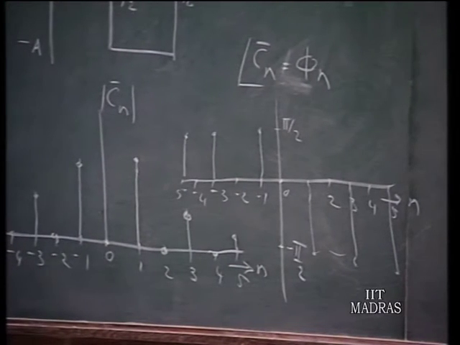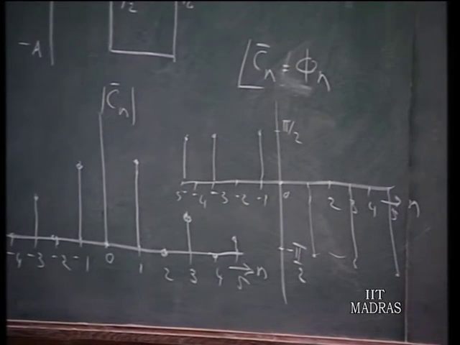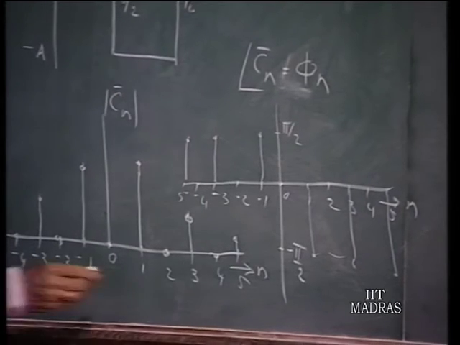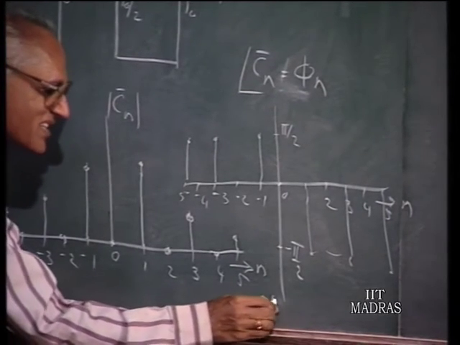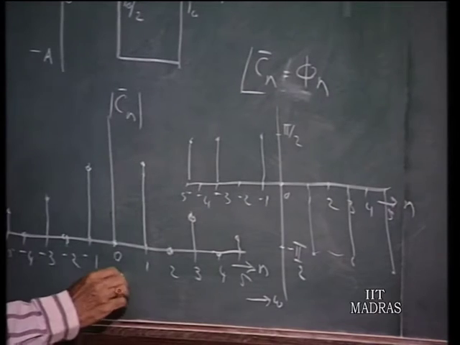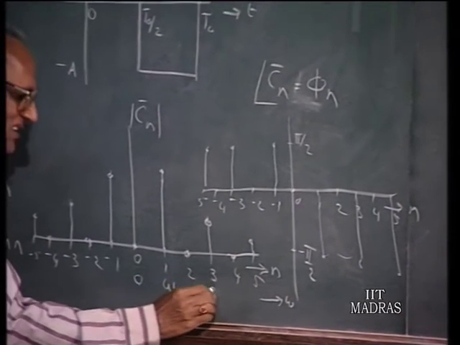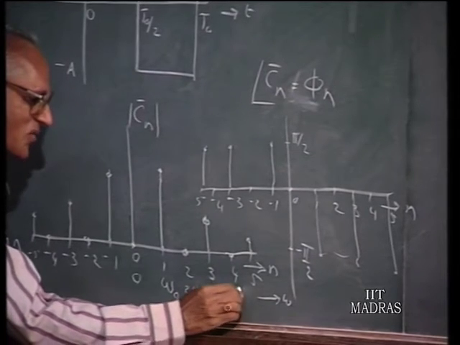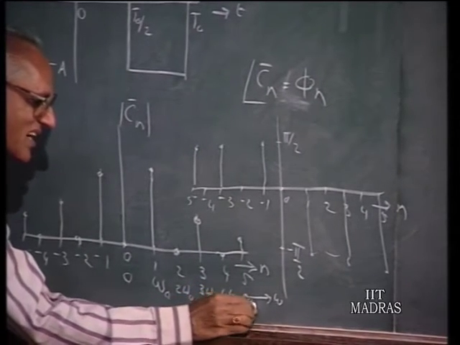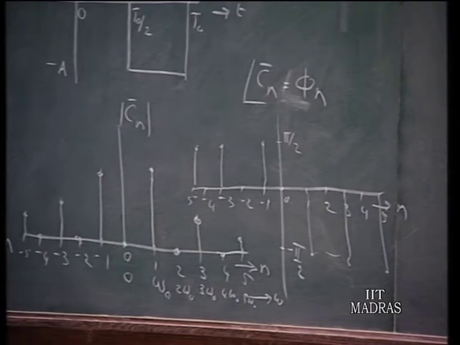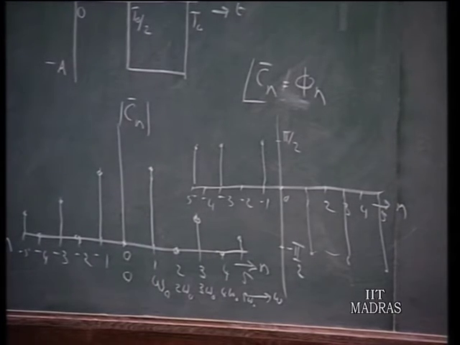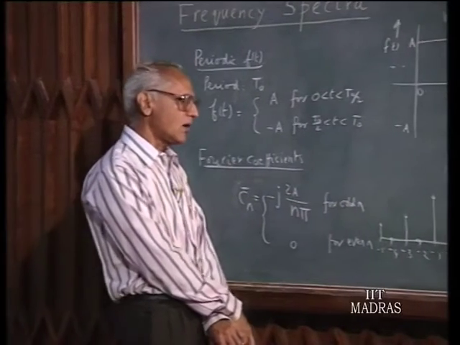You can graduate this x-axis not necessarily in terms of n, we can as well do it in terms of frequency or angular frequency. So I can write this as 0, omega naught, 2 omega naught, 3 omega naught, 4 omega naught, 5 omega naught, etc. The point to note is that this is what is called a line spectrum.